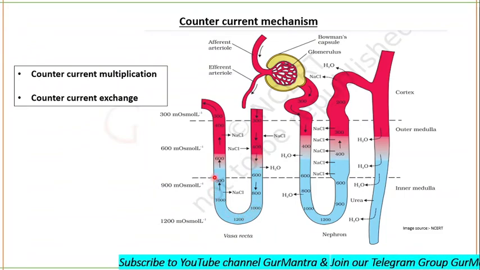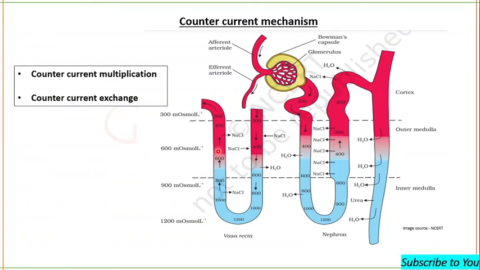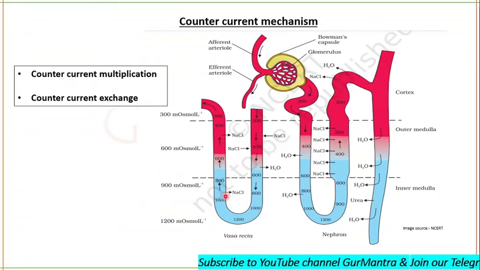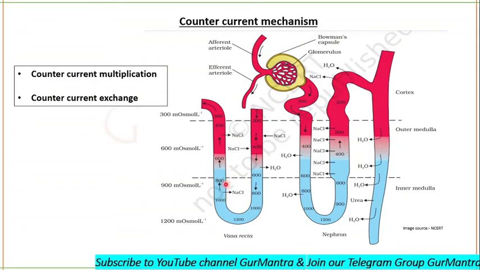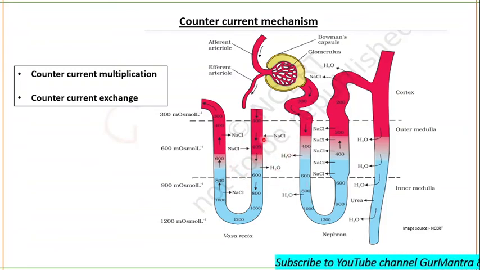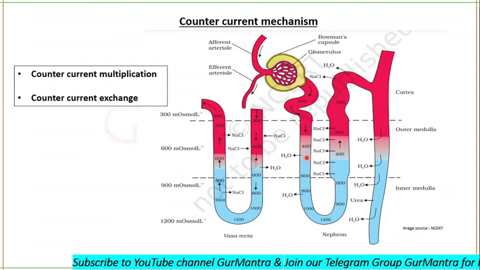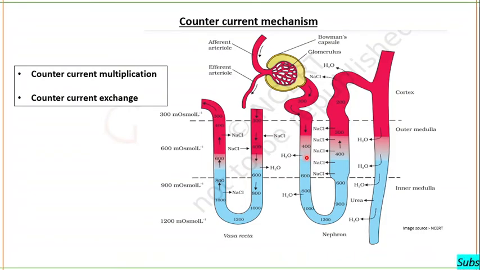But the ascending limb of the vasa recta again throws this sodium chloride out of the blood into the interstitial fluid. Ultimately, the sodium chloride is released into the interstitial fluid.